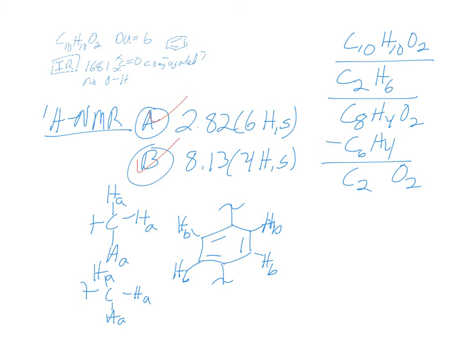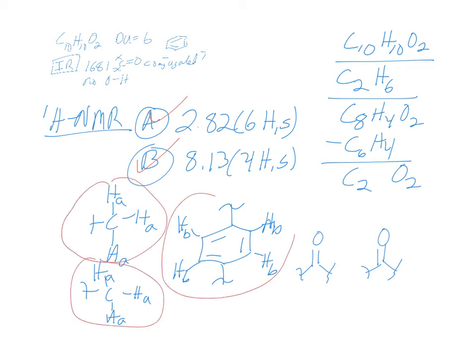So the other piece left would be 2 carbonyl pieces. So now we have 1, 2, 3, 4, 5 pieces. There's only one way this actually can go together now.